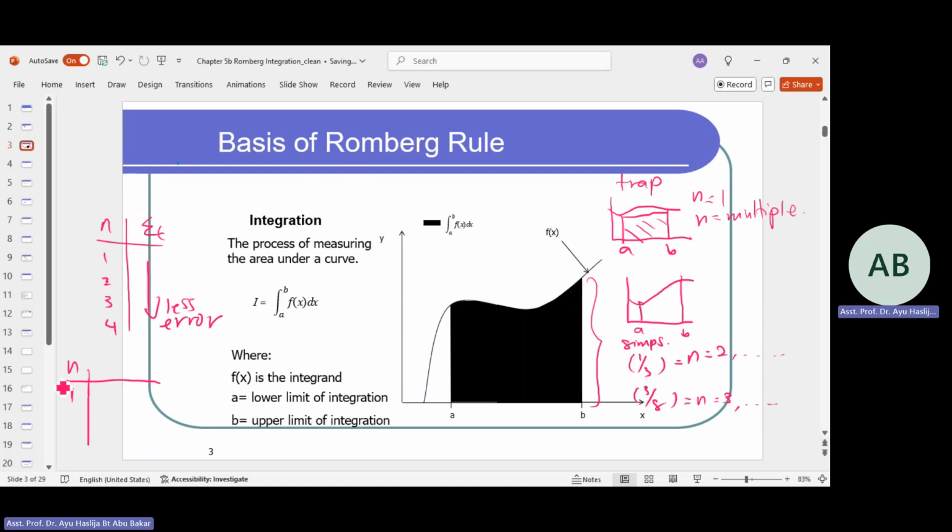For example, we have this. For the first level of integration, we use trapezoid, and you will have your value over here. Now, Romberg goes horizontally, so you will do a second level of integration. Integration here, not iteration.